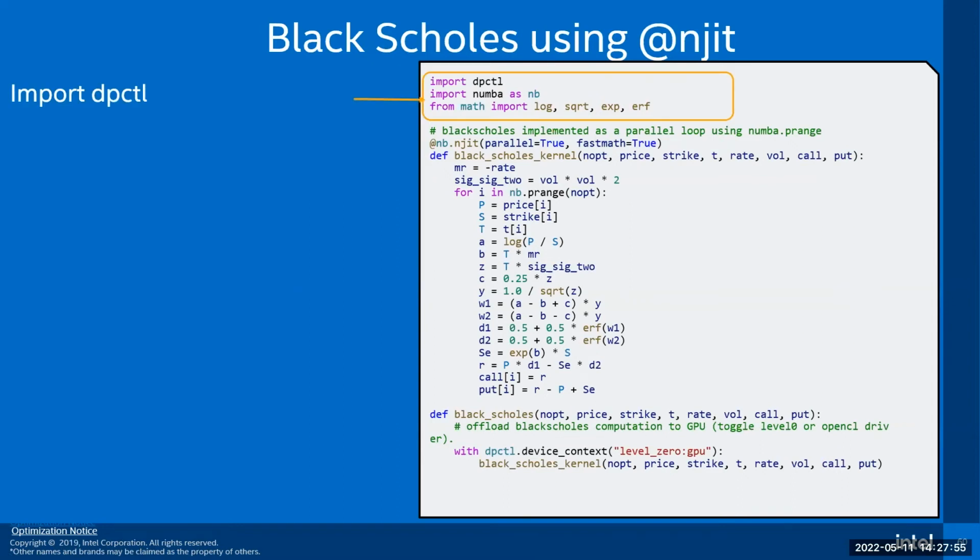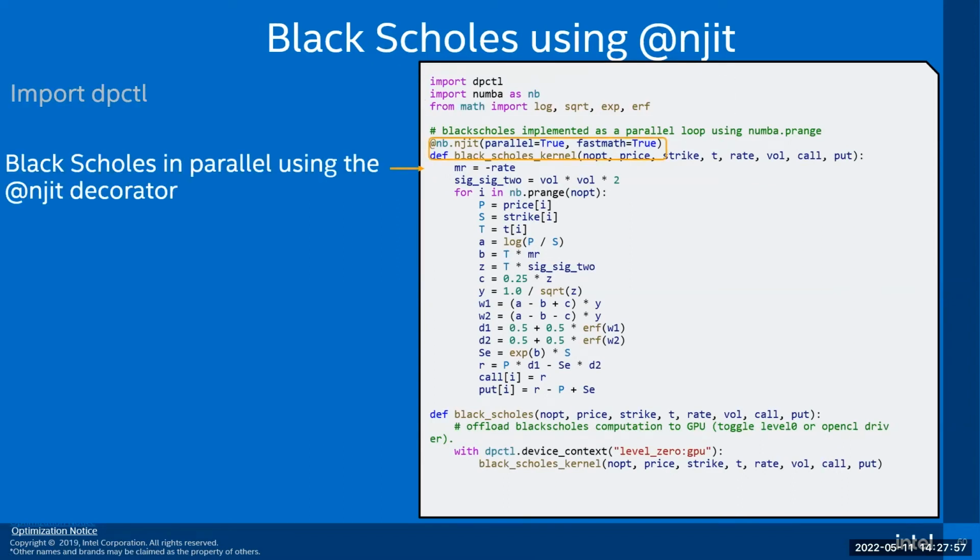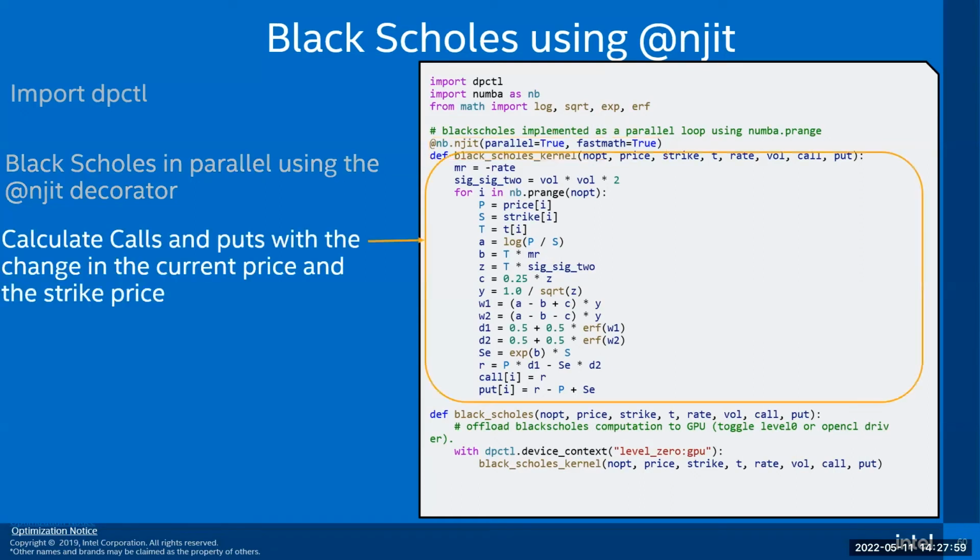Similarly for Black-Scholes, we are using njit here, and we are using prange as we discussed. This is automated if you're using prange, explicitly creating a for loop and using prange. Black-Scholes is a very famous algorithm in the financial world where it calculates the puts and calls ratio of a strike price for a particular stock.